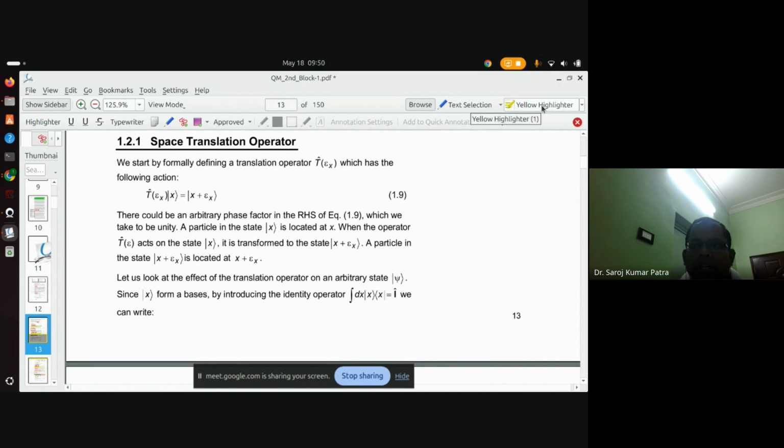So this is what it means. The meaning of equation 1.9 is that a particle in the state |x> is located at x. When the operator T acts on the state |x>, it is transformed to the state |x + epsilon x>. A particle in the state |x + epsilon x> is located at x plus epsilon x.